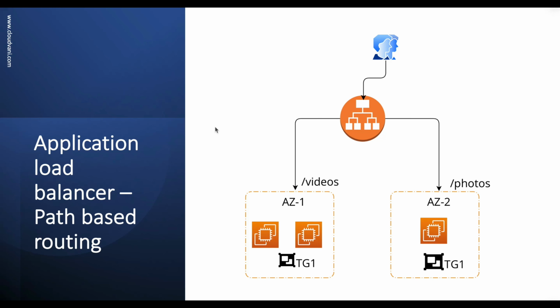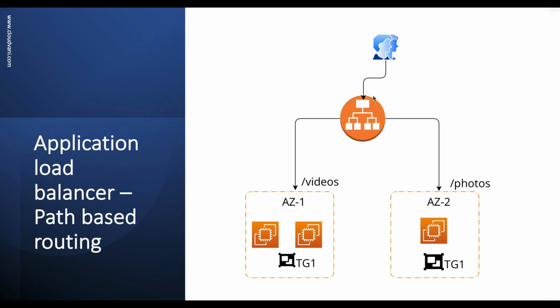At the same time, if you are accessing the load balancer using path based routing, let's say you are accessing Google/videos, and on the target side the videos are configured only in AZ1, and in AZ2 there are no videos configured. The load balancer is intelligent enough to find out where exactly the videos are configured, and it will send that traffic to AZ1 instances.